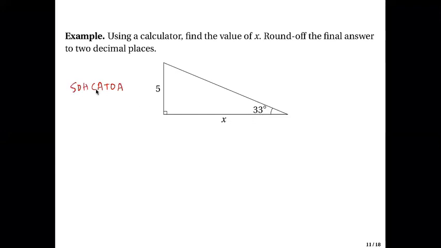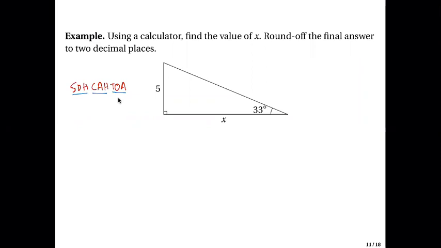Oops, I forgot the H there in the ka. So you have here ka and then toa. So you got the toa, you got ka, and you got so here. But in here we have the angle, we have the opposite side, and we have the adjacent side. So we can use toa.